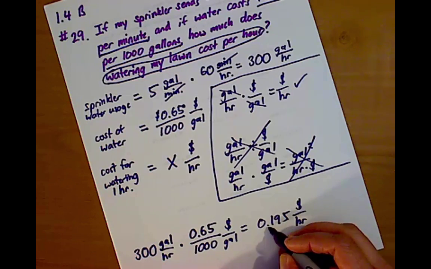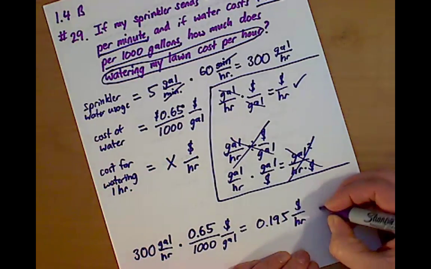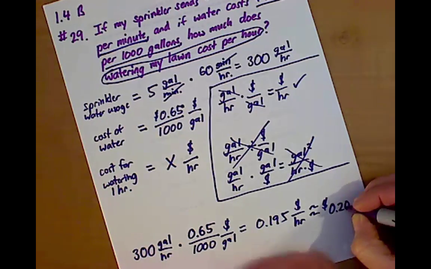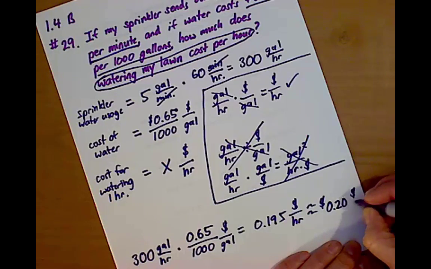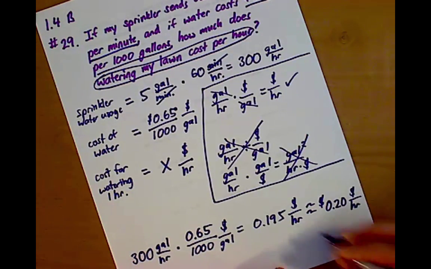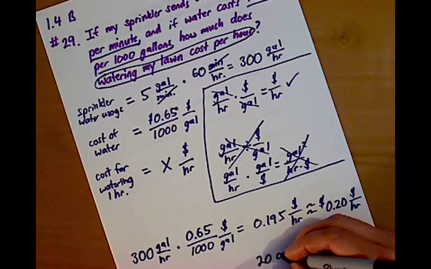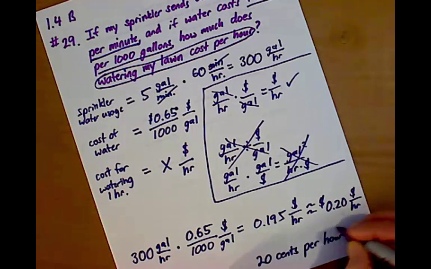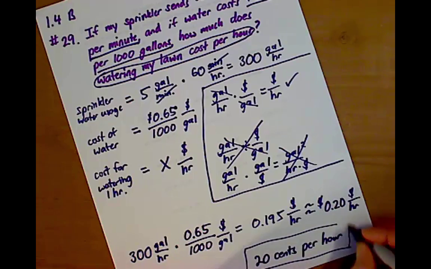When we do dollars, we usually only want 2 numbers after the decimal point. So we're going to round this. So that is about 20 cents in dollars per hour. So it's 20 cents per hour. 20 cents per hour is your answer.